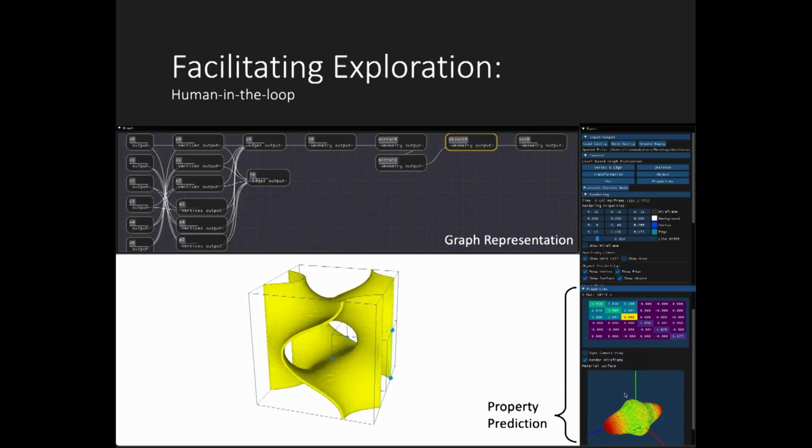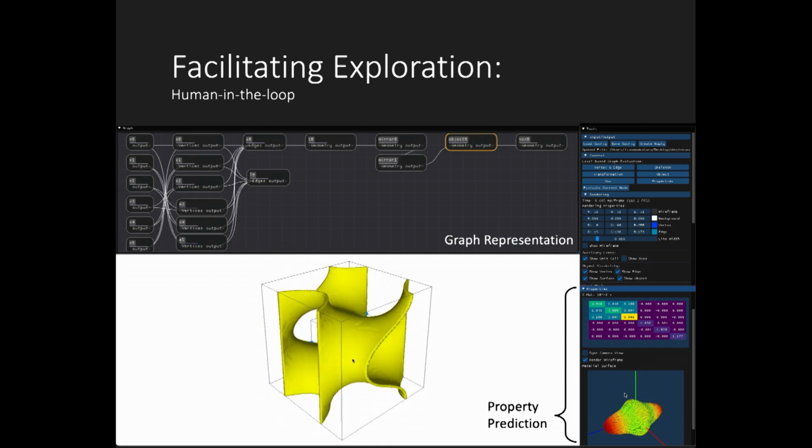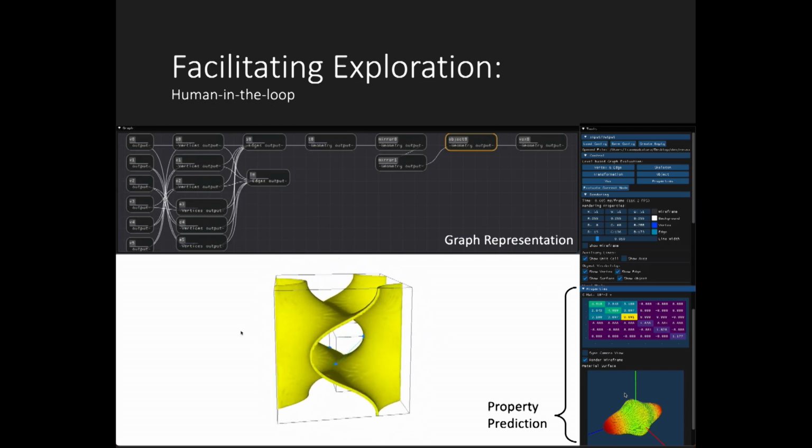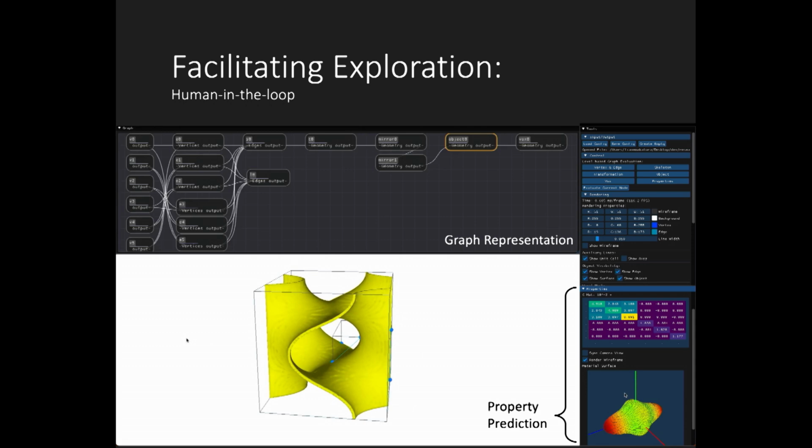And once we have this representation, like Lyle mentioned, it becomes a lot easier to actually traverse the space that we care about and look for interesting designs. And so in this example, we've embedded our representation within a human-in-the-loop interface, so you can build up and evaluate structures using the integrated prediction tools.